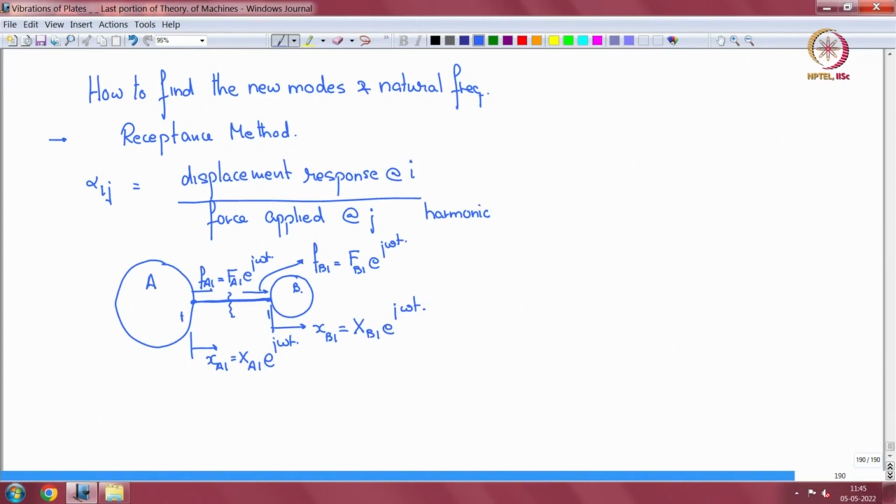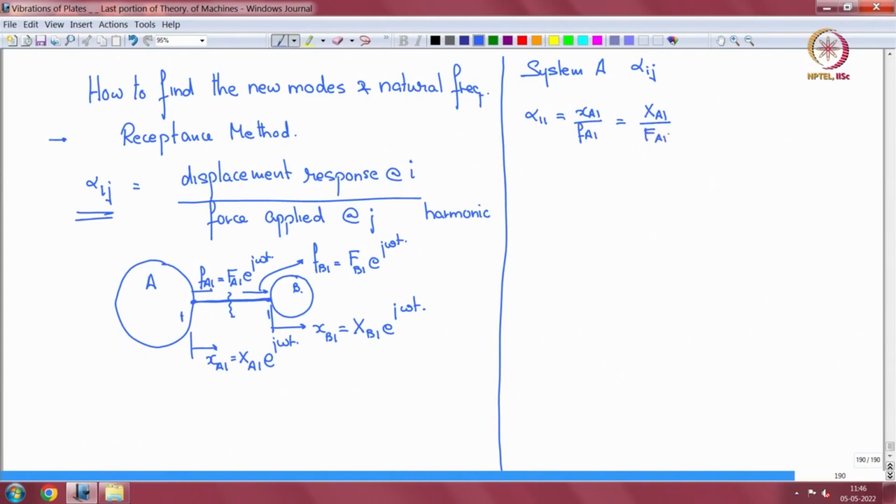Now we will define the receptance for system A, which has alpha ij receptances. The alpha 11 is small x a1 by small f a1, which ends up as capital X a1 by capital F a1.